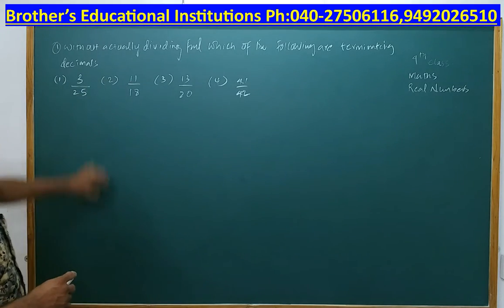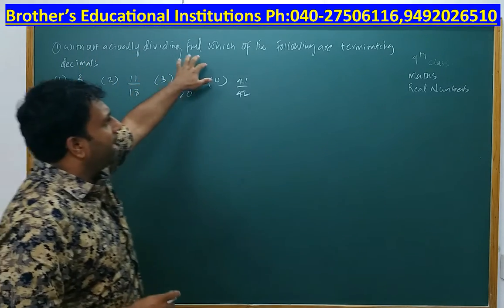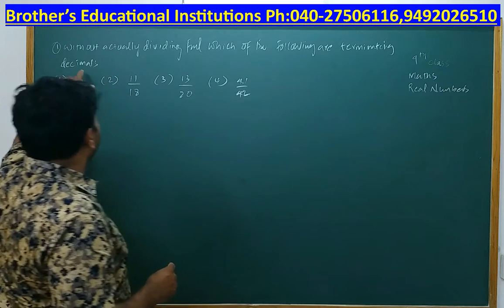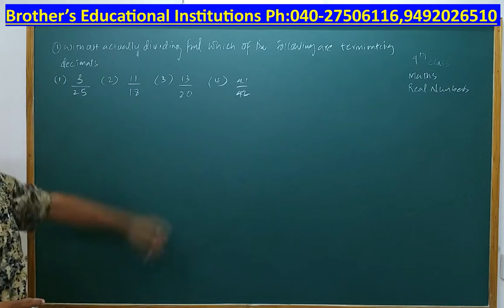Now we will see, without actually dividing, find out which of the following are terminating decimals and which are non-terminating decimals.